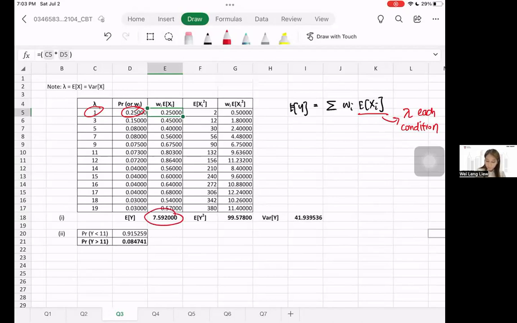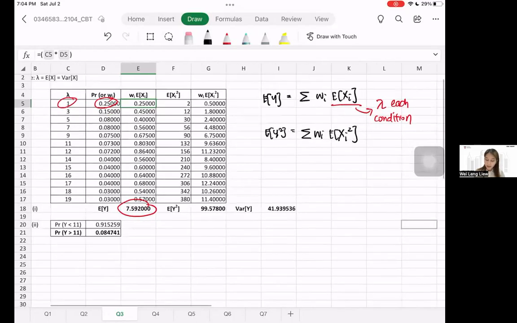Then moving on, we want to get the variance of Y. In order to get the variance of Y, we have to calculate the second moment, which is the sum of your weights and the second moment of Xi.